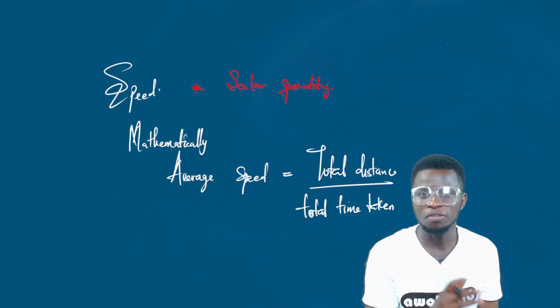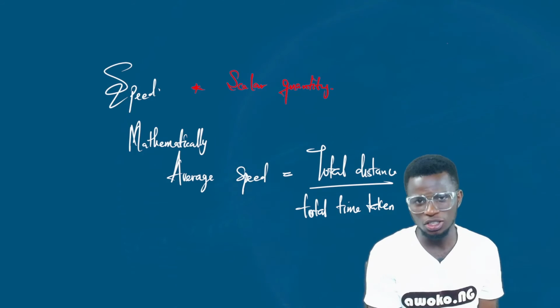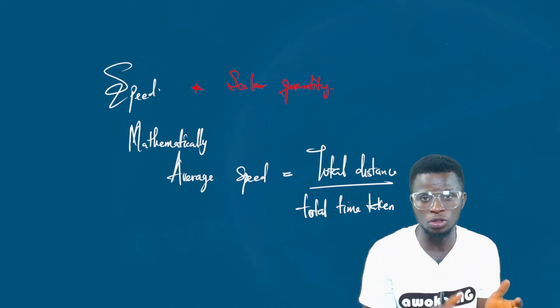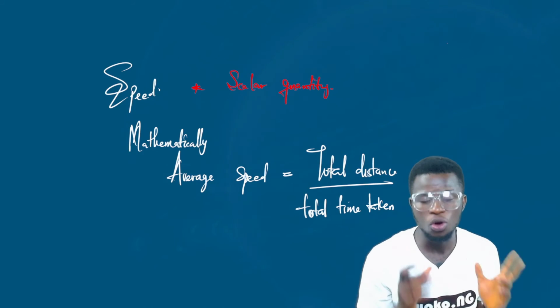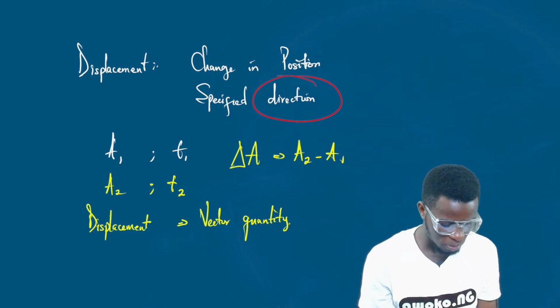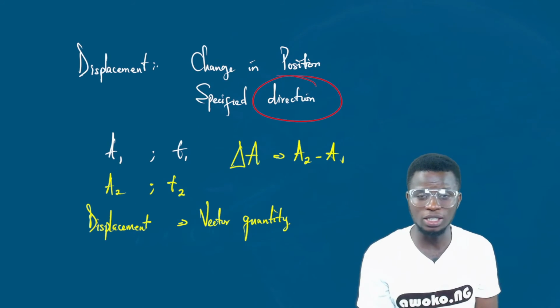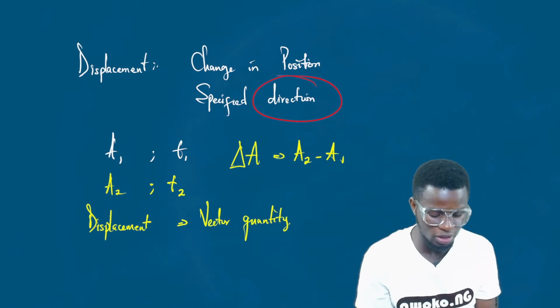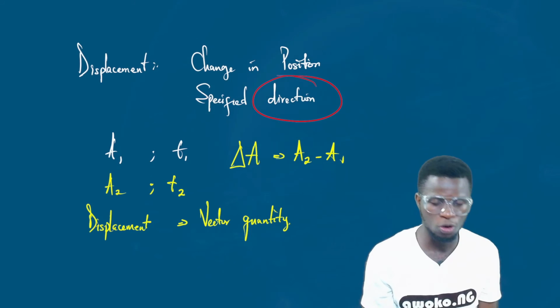Remember, vector quantities have magnitude and direction, while scalar quantities do not have direction. We only talk about magnitude. So we say that speed or distance is a scalar quantity, while displacement is seen as a vector quantity.